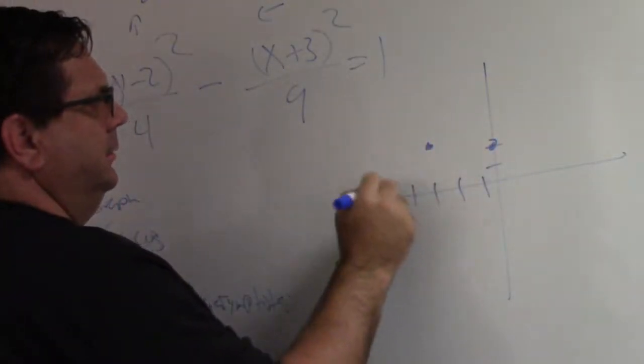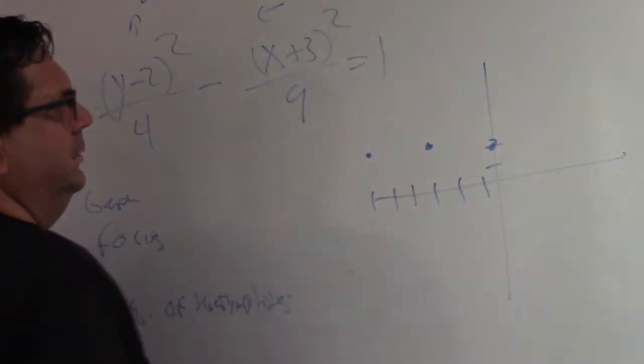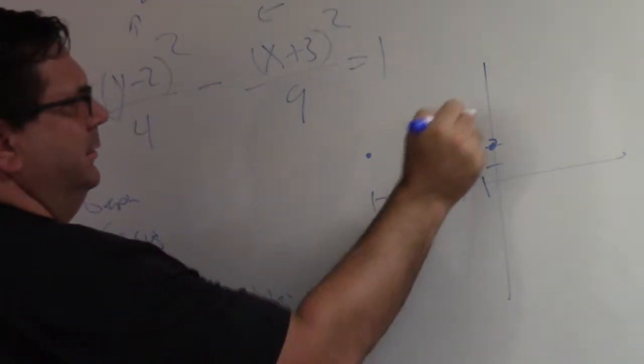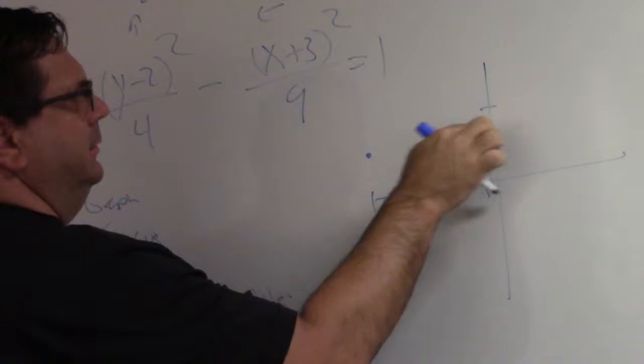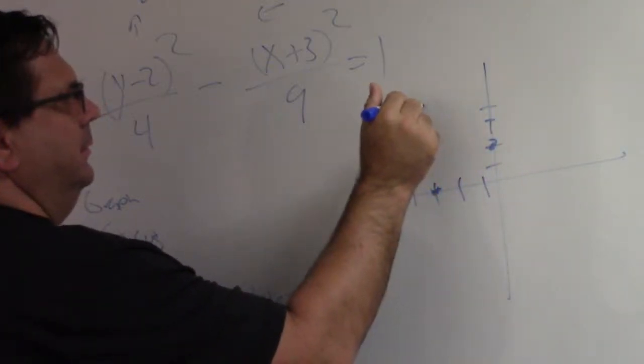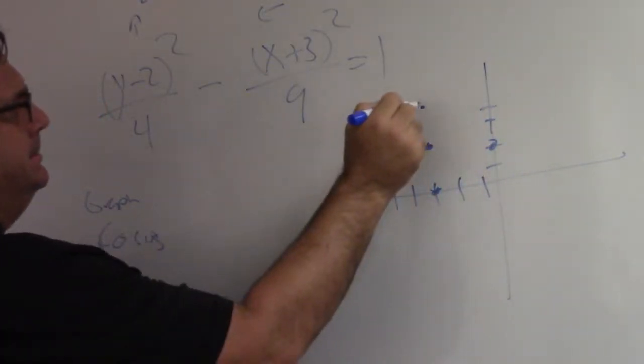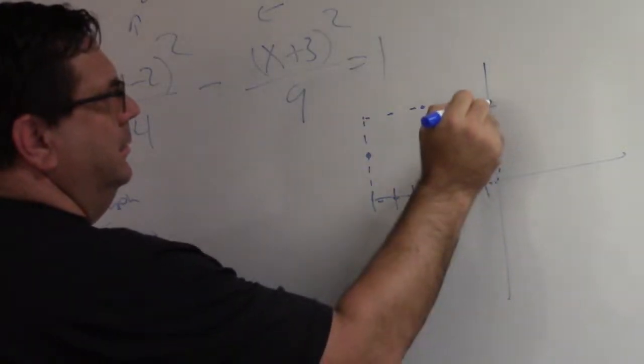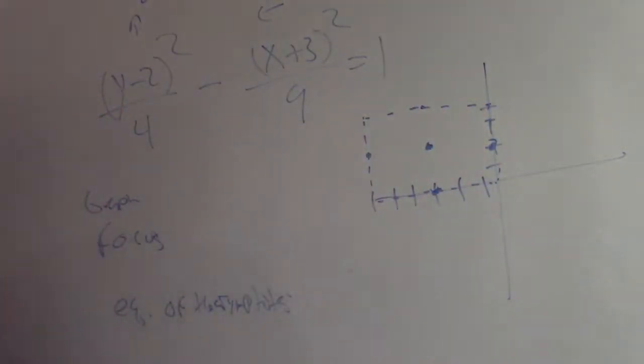So we're here and here. This is going to go up and down 2. So we're here and here. All right, that's our box. I didn't know it's a box. It's always a box. When it's subtracted, I think it's a box, right?